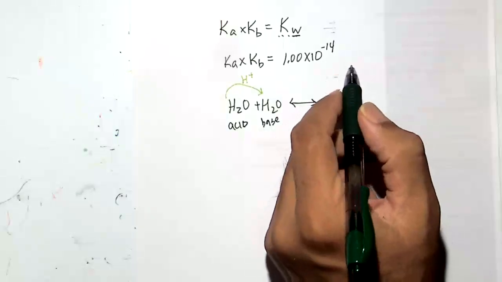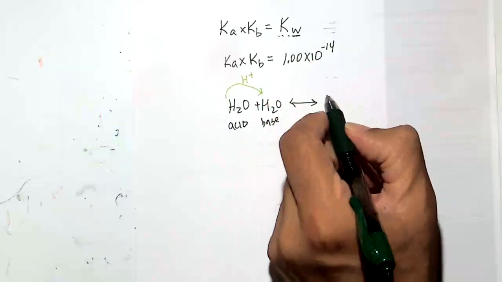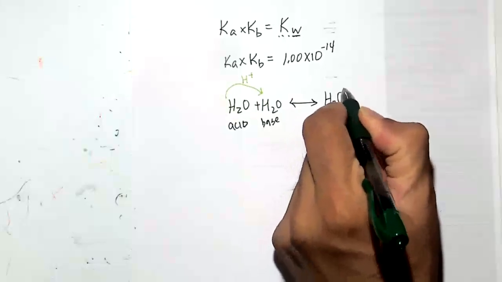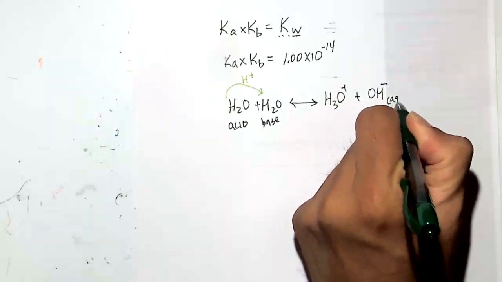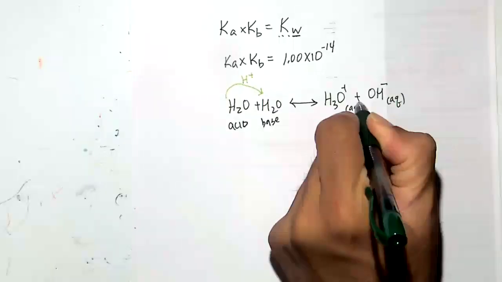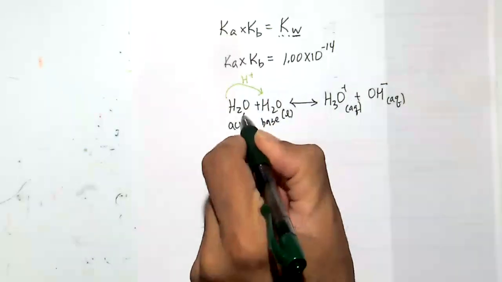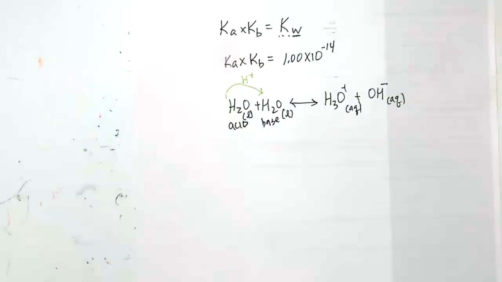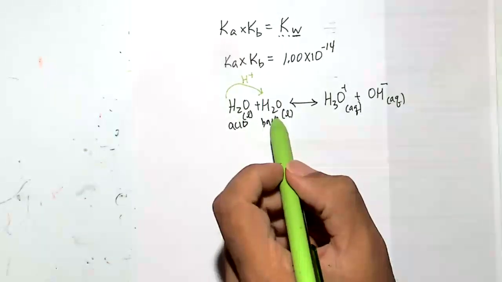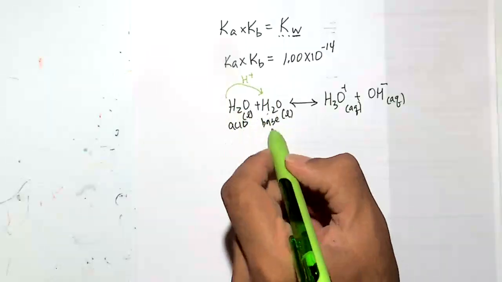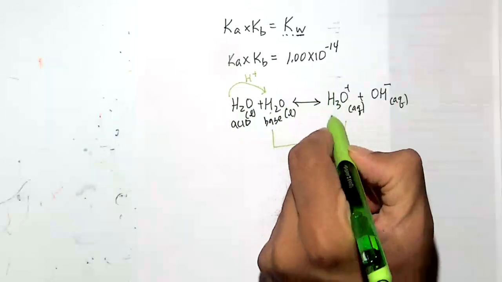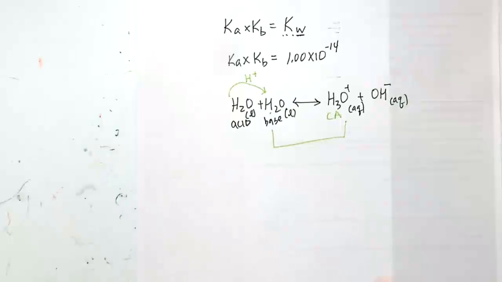That's a very fascinating thing in the biochemistry world, or other chemistry worlds. This water takes a proton. All right, so when this takes the proton, it becomes H3O plus. So this would be the conjugate acid.